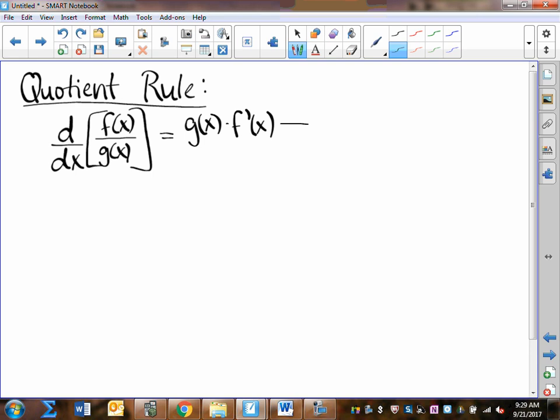And then, again, you just reverse the order. So now top stays the same, times the derivative of the bottom. So again, bottom times derivative of the top minus top times derivative of the bottom. And then in our denominator, it's kind of weird, it's just the bottom squared.